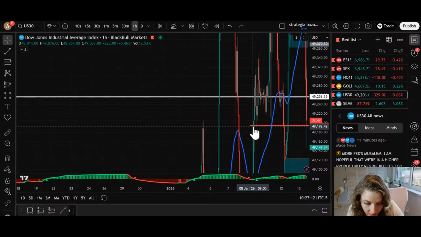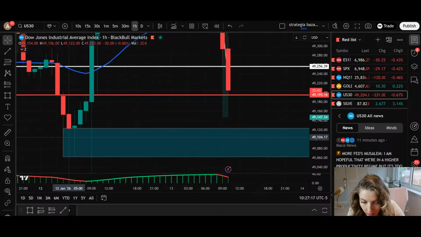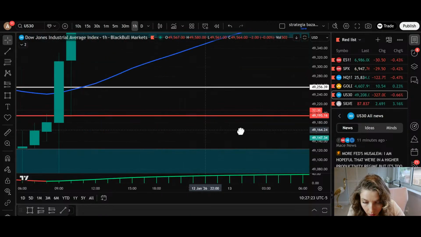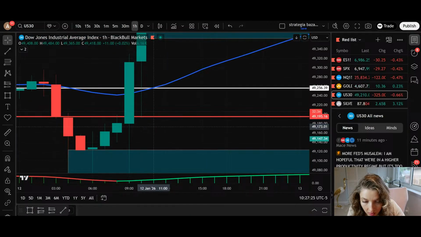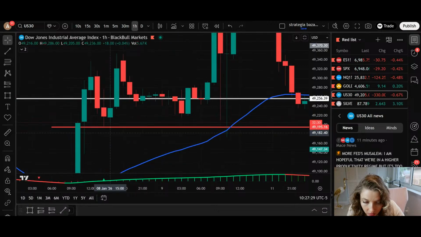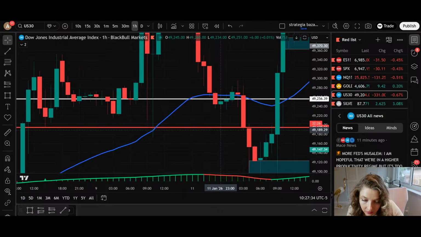Let me see again if those levels are correct. Okay, so I put it here on the 1 minute this week. I marked here where it touched one time, and here it just touched one time. But it's a level. It can be this level right here.